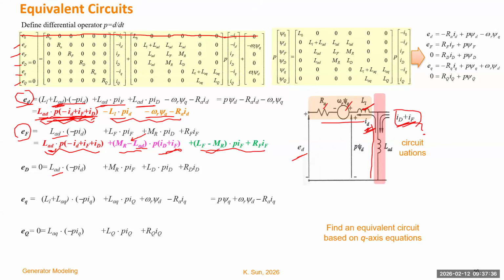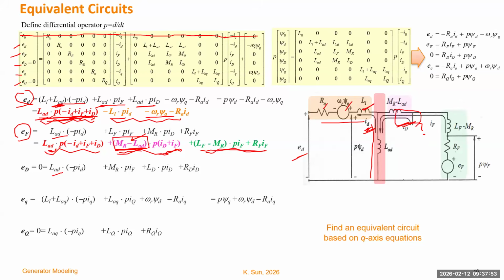You see the remaining item is only about the field current. And the pink item is about the total current going through a branch, so that the inductance is equal to MR minus MAD. Okay, so if we continue drawing this branch, it will be something like this.